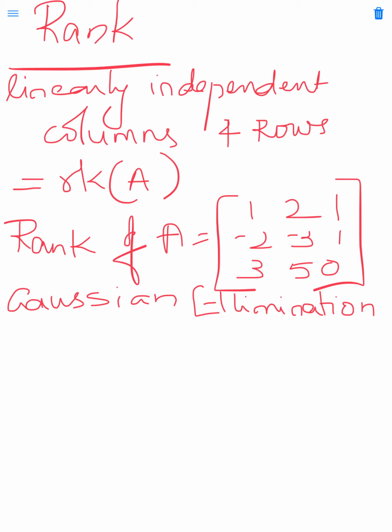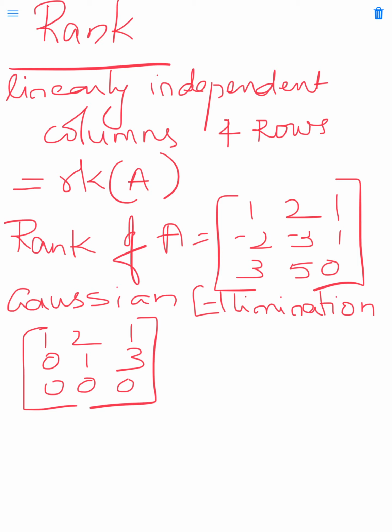After performing different row operations, you will be getting a matrix like (1, 2, 1), (0, 1, 3), (0, 0, 0). You can check this against your solution. You need to make the diagonal elements 1 and the lower triangular part 0, making use of different row operations to get this form.